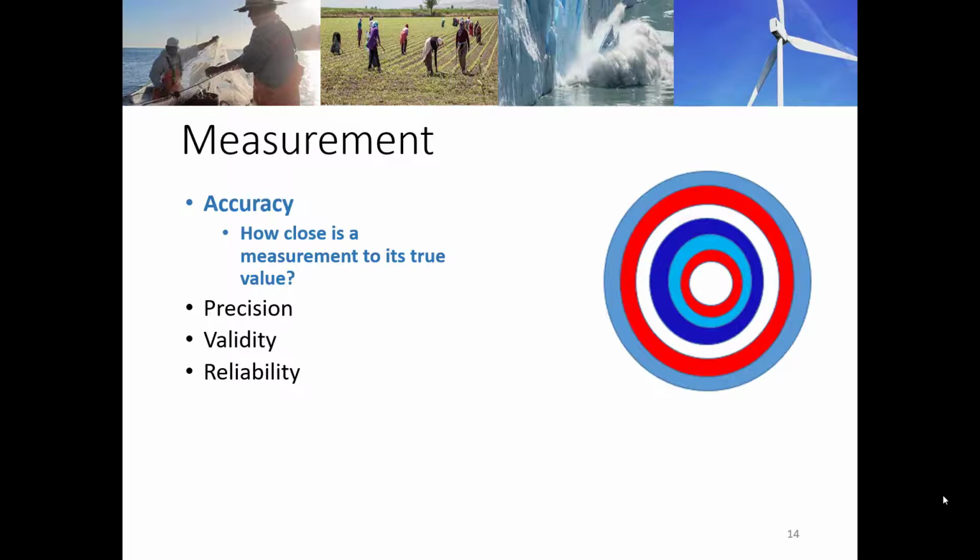When designing a research study, we also should think about measurement. In discussions of measurement, four terms frequently arise: accuracy, precision, validity, and reliability. So accuracy focuses on how close a measurement is to its true value.